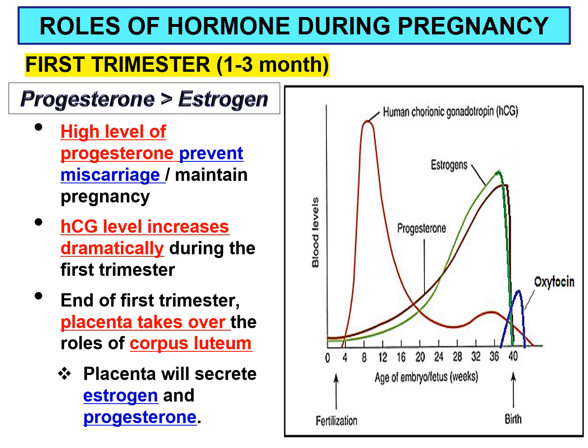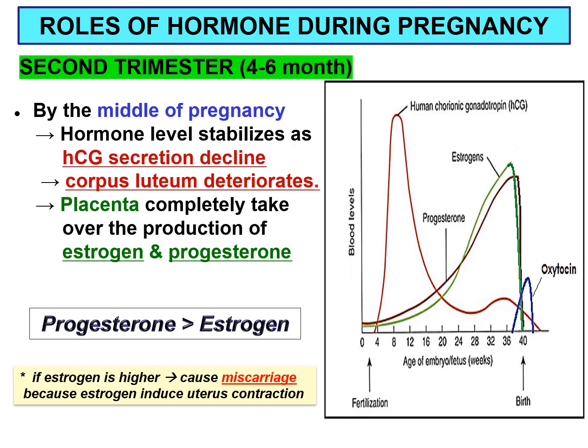By the end of first trimester, placenta has already formed. Placenta develops perfectly, and thus it will take over the function of corpus luteum. So placenta will continue to secrete estrogen and progesterone instead of corpus luteum. Beginning second trimester, the hormone level stabilizes as HCG secretion declines.